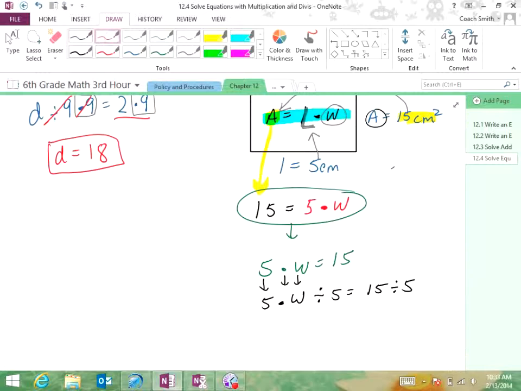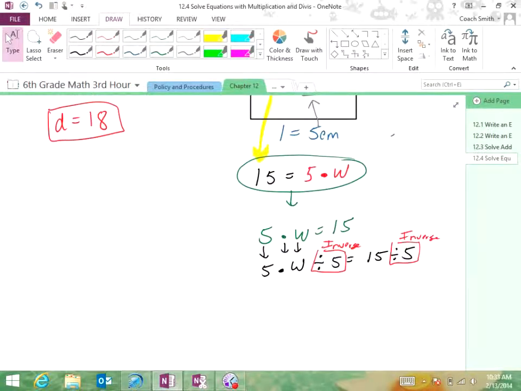Once again, we have our inverse here and our inverse there. These two cancel, leaving me with W is equal to 3. And that's 3 centimeters because that's what the rectangle gave us.